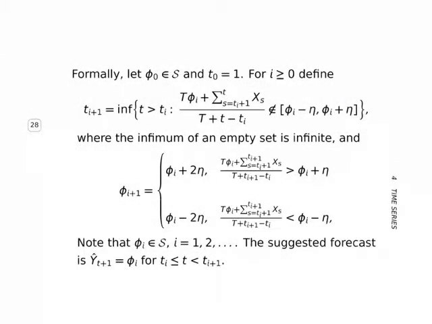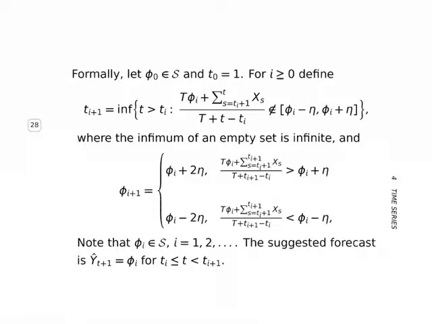Formally, I describe it here. Phi I sub I was the definition I had. I start to accumulate observations, and look at the average of the new observations together with the past decision, with a lot of weight given to it.